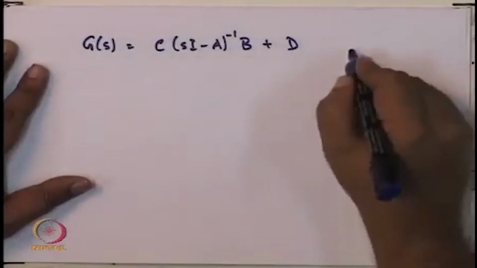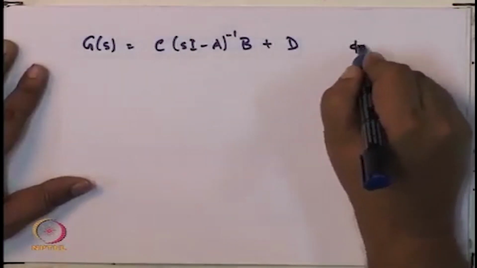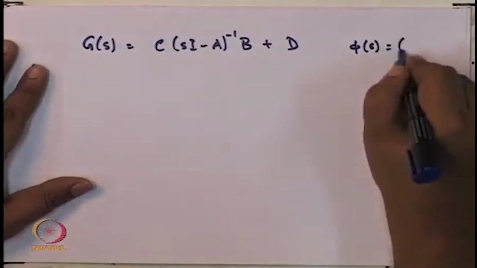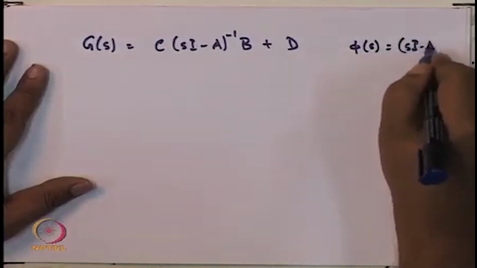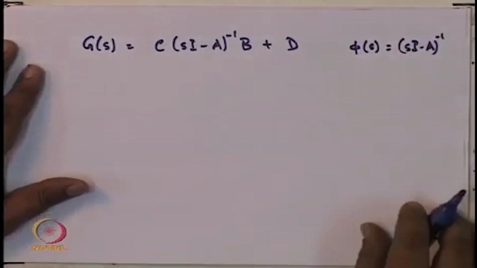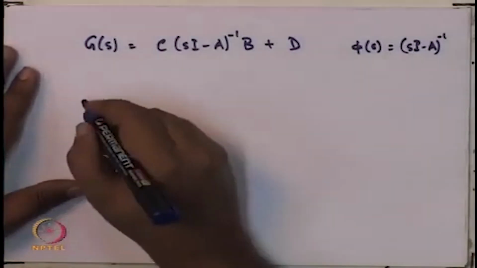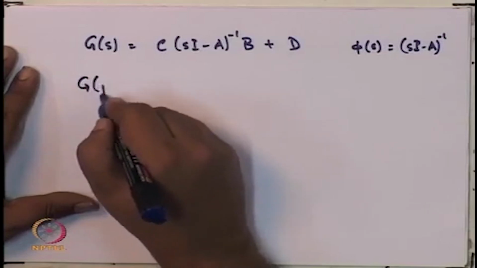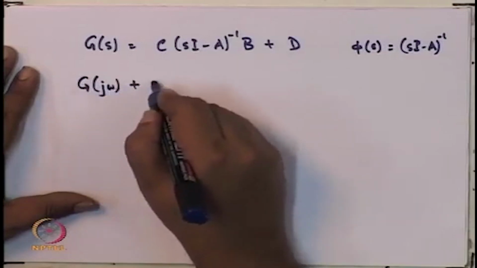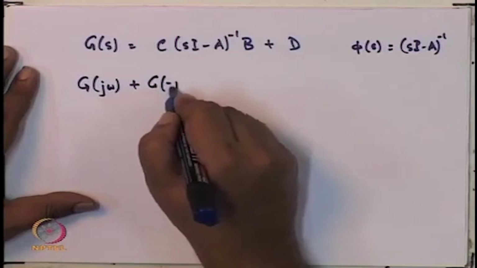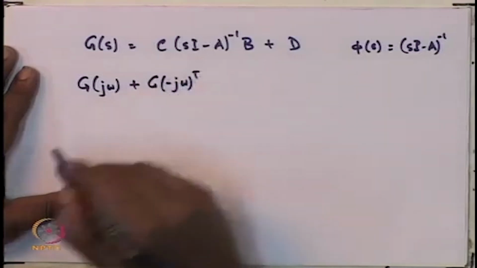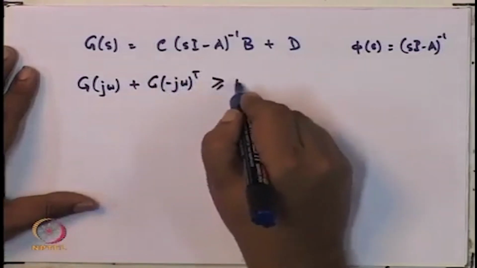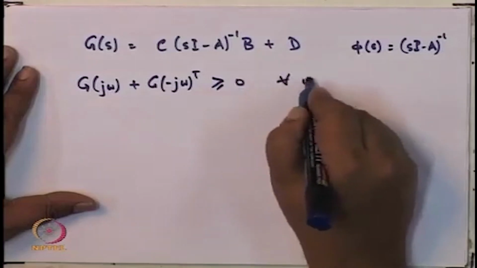Let me use the symbol phi(s) for (sI minus A) inverse. Now, what I want to show is the following, that G(j omega) plus G(minus j omega) transpose is greater than or equal to 0 for all omega.